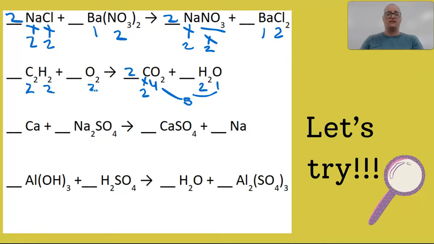Odd number, even number. How do I make those the same on either side? Well, if this was in math, we could say 5 over 2, because 5 over 2 times 2 would be 5. We can kind of do that, but here's what we need to do first. We need to multiply both sides times 2 in order to make it all integers, all whole numbers.